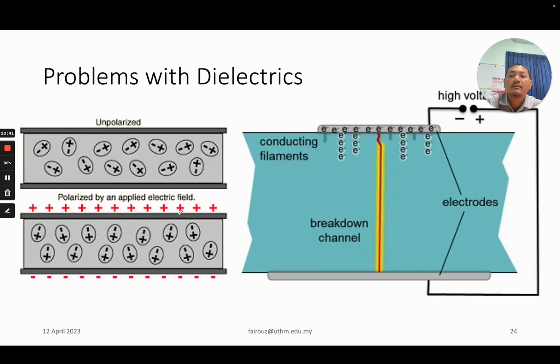So you can see here, initially in typical normal dielectric materials, we have negative and positive charges, and then we apply an electric field, then the materials are polarized, all right, and then when we apply a much higher voltage, the electrons start to flow until they reach the other side of the electrode.